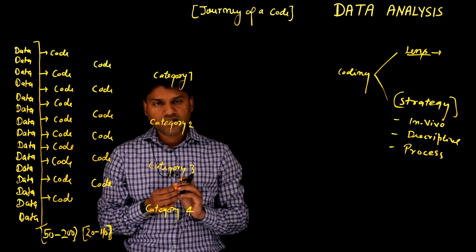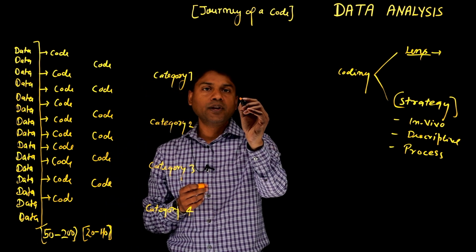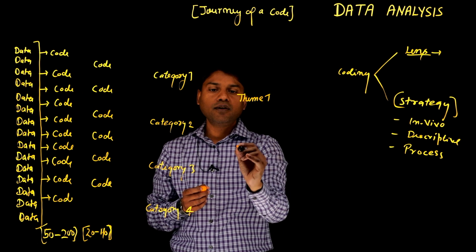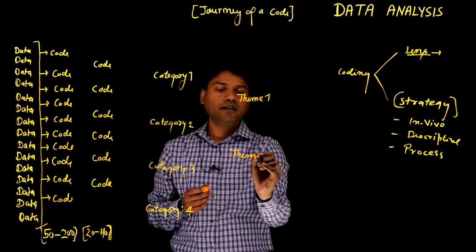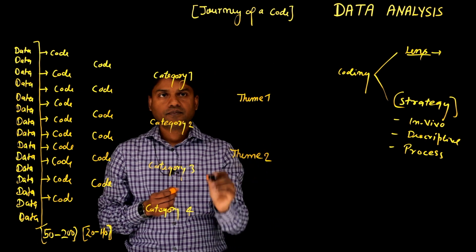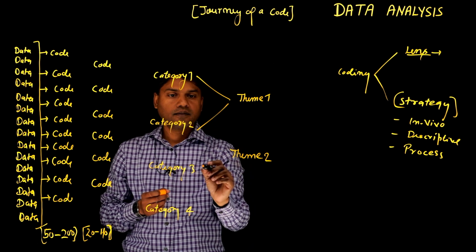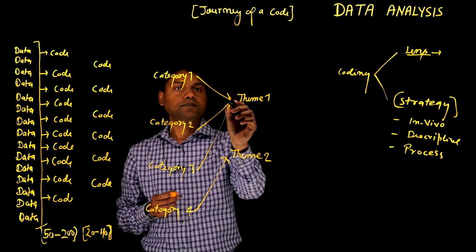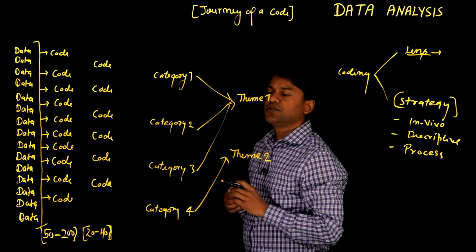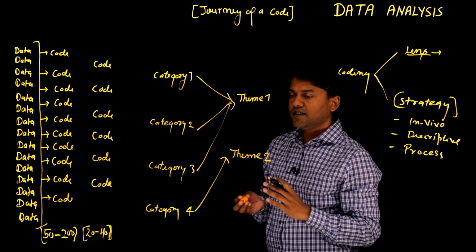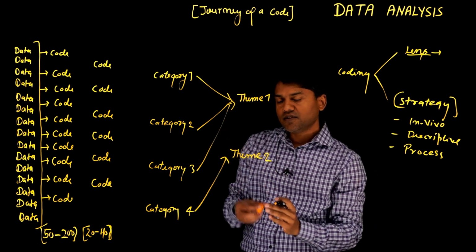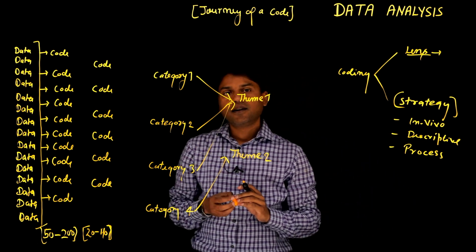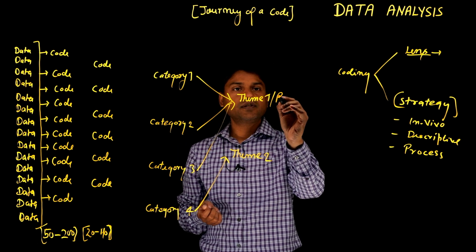Now these categories can come up with themes. So theme 1, theme 2. So the categories lead to themes. A theme is like an overall theme emerging from the data, or you can say the process.